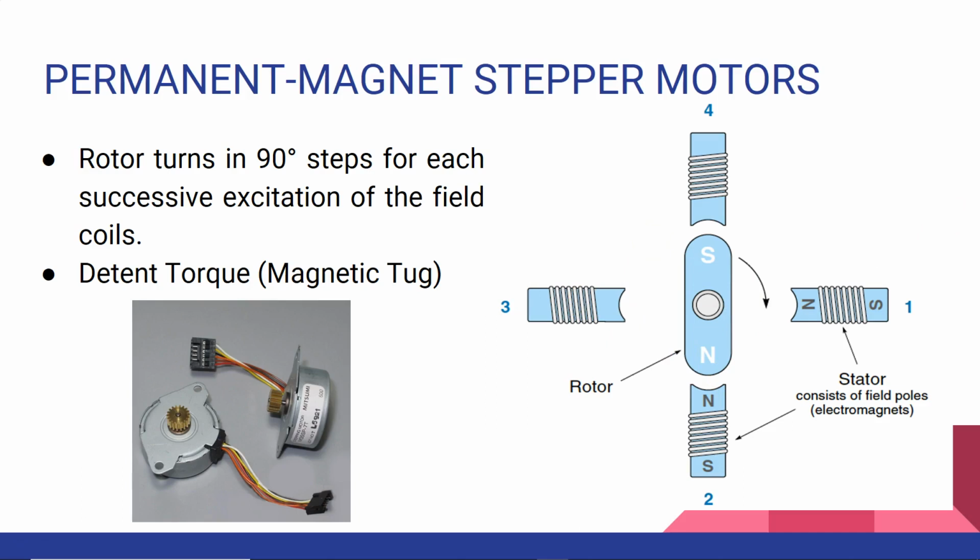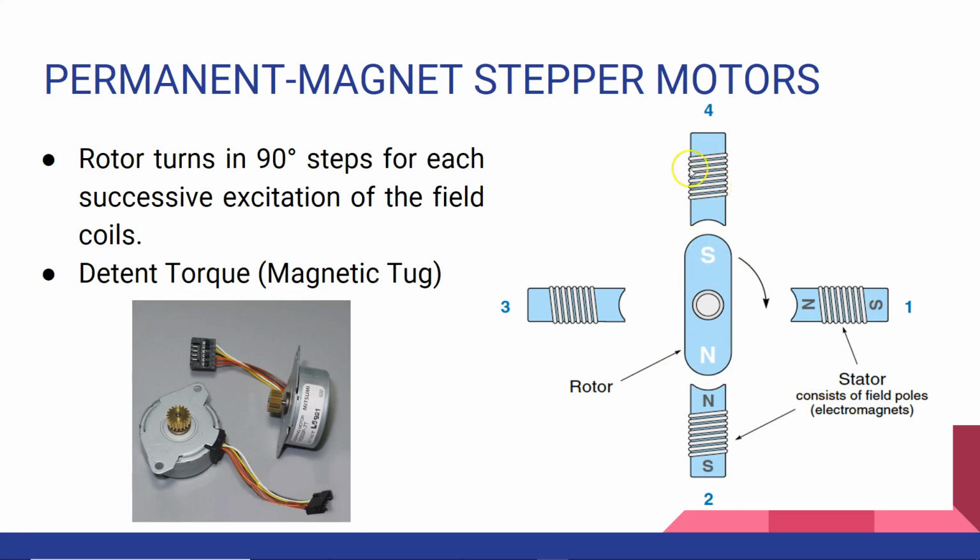Now let's say you want to change the direction of the rotor, how will you do that? It's pretty simple. You just change the order of energizing the coils. So for example, let's say coil 4 is energized first. Your rotor will stay in this particular position.